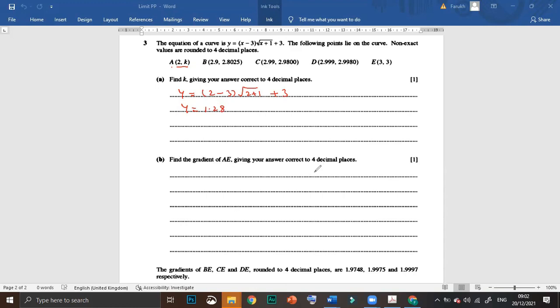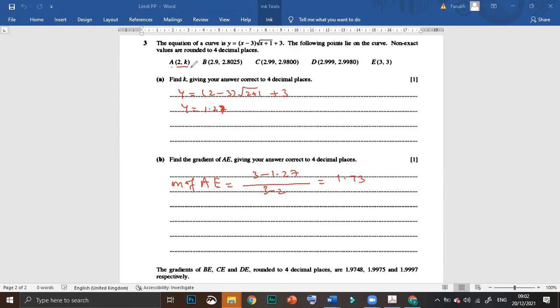Sir, the value above is 1.27, the earlier one was wrong. So 1.27. Find the gradient of AE: 3 minus 1.27 over 3 minus 2. The final answer is 1.73. 1.73 is the gradient of AE.